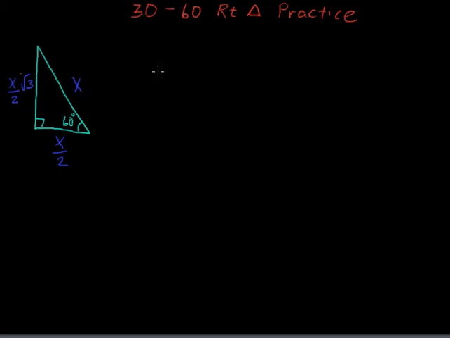So that's one way to remember it, but I actually find it easier if we remember it from a different way. So starting off with another 30-60 right triangle, this time I want to call the short leg x. So that's 60 degrees. The short leg, I'll call it x. So it's a different x.